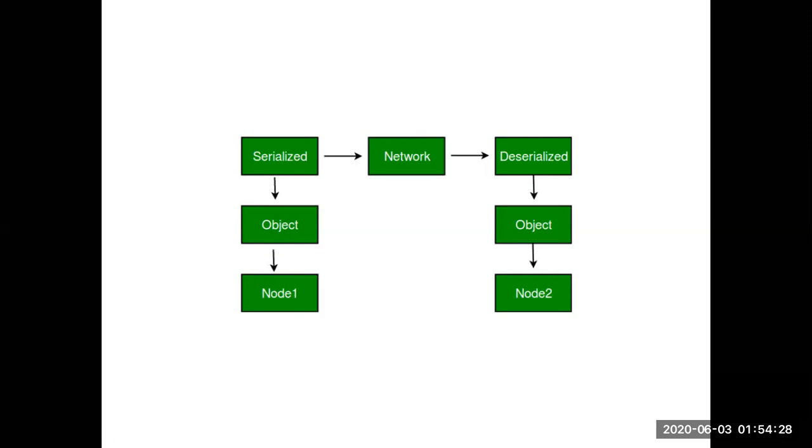Sorry, the directions were in reverse order. Next, on the other side, from the network, the object in the form of byte streams will be deserialized into an object. The byte stream will be received, and those byte streams are deserialized into the object. Again, the object is used by system two. By serializing, the object is transferred to the network in the form of bytes. By deserialization, the sequence of bytes is converted back to an object and used by system two.